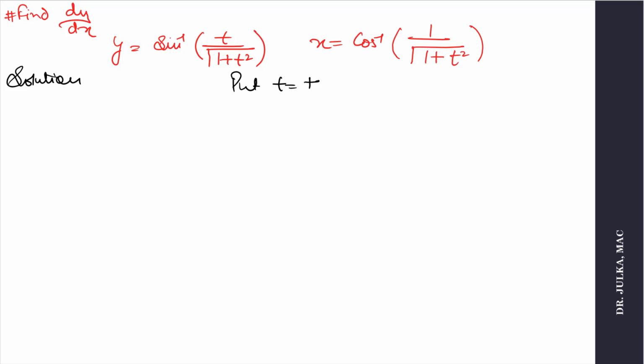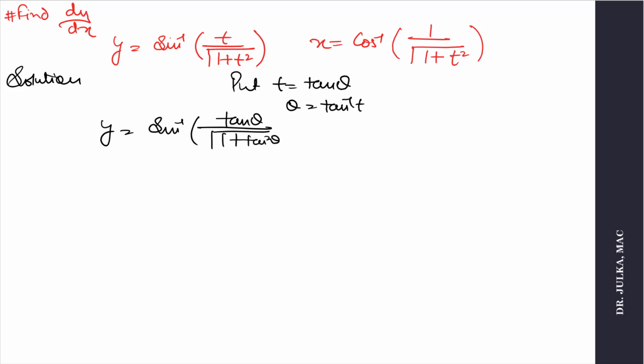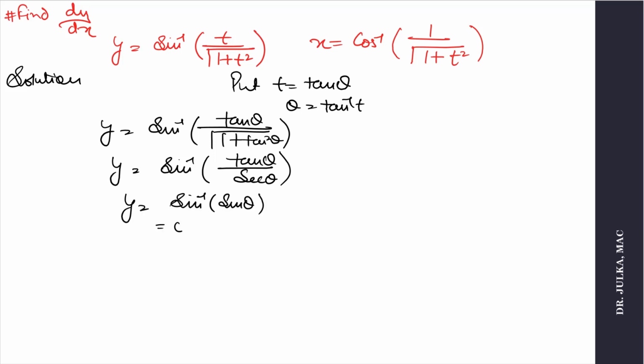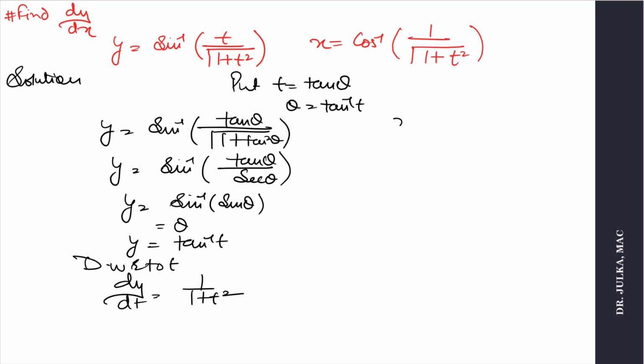First we put t equals tan theta in both cases, and we get y equals sin inverse tan theta divided by the root of 1 plus tan square theta. 1 plus tan square theta is sec square theta in the root, so we have tan theta divided by sec theta, which equals y equals sin inverse sin theta. So y is theta, and the value of theta is tan inverse t, and differentiating with respect to t, dy by dt equals 1 divided by 1 plus t square.